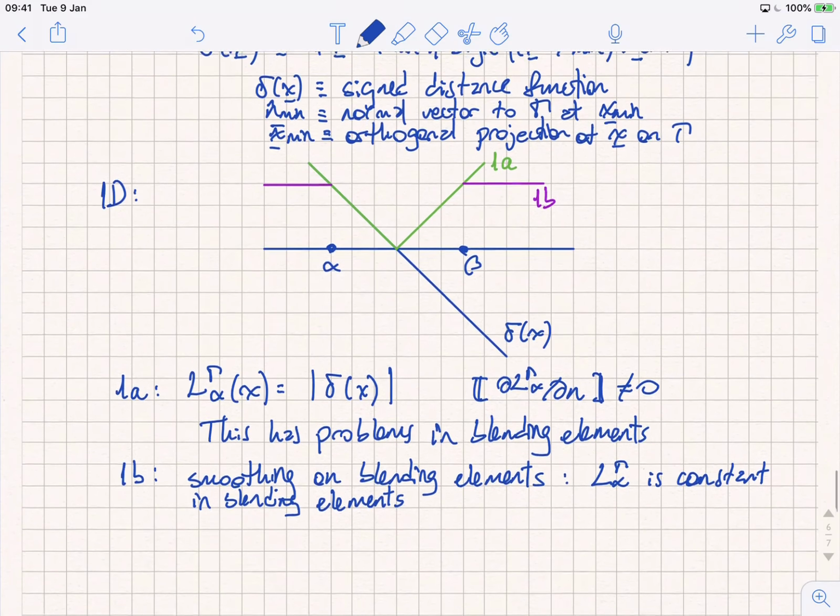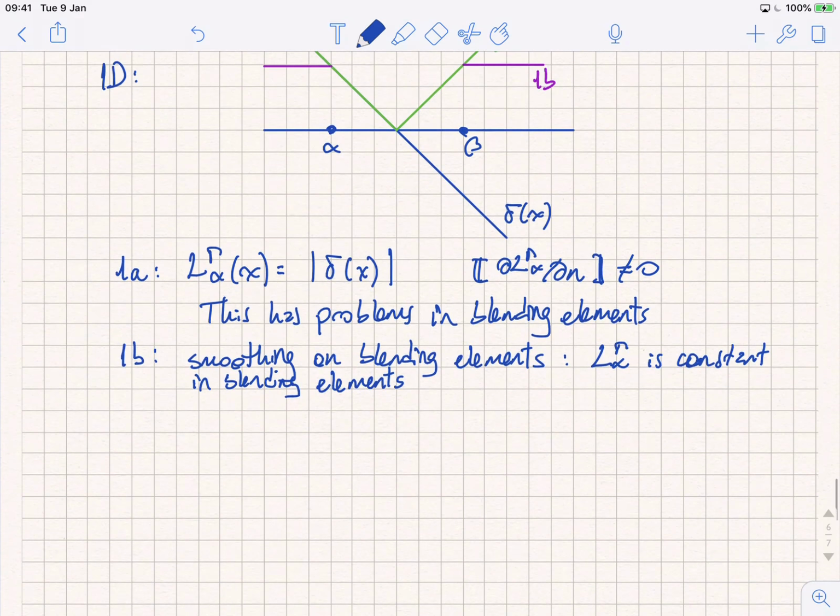By the way, this function, delta, sometimes is referred to as the level set function. So if you ever heard level set, it's just the distance or the sign distance from a point to the discontinuity. And sometimes you can actually represent this using your underlying finite element discretization. So you can discretize, if you will, the level set function.